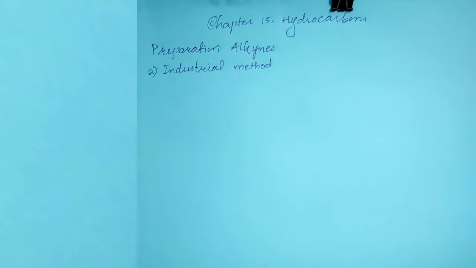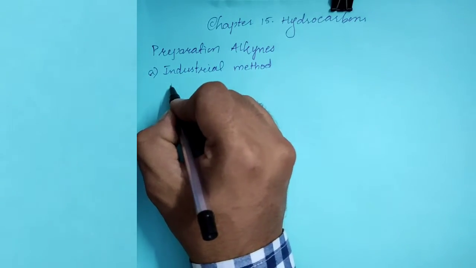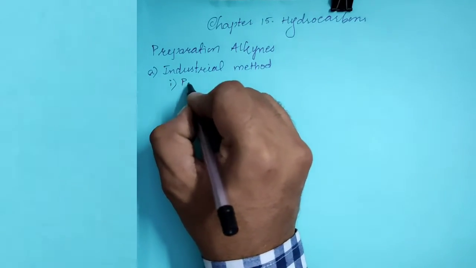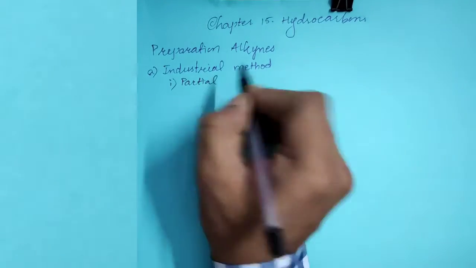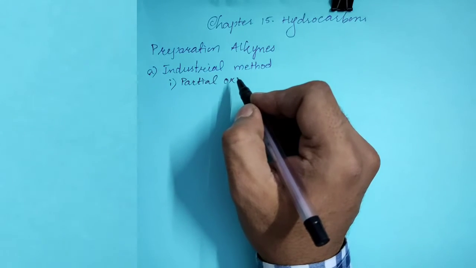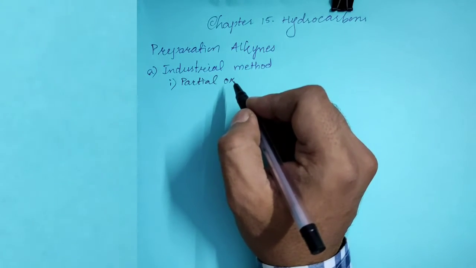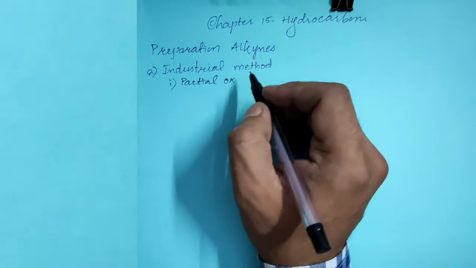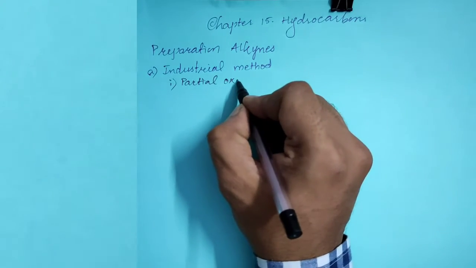The hydrocarbon is burned for the preparation of ethyne, that is, partial oxidation of methane. Actually, oxidation of a hydrocarbon gives you carbon dioxide and water, but partial oxidation gives you ethyne, that is acetylene, with respect to methane.